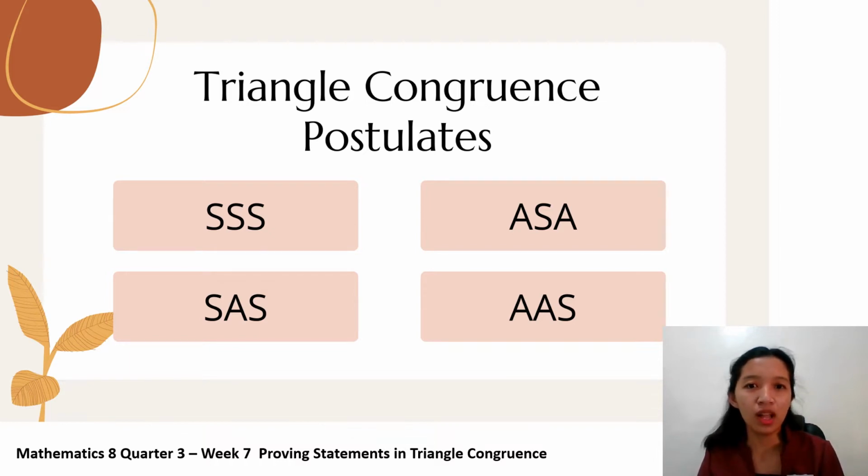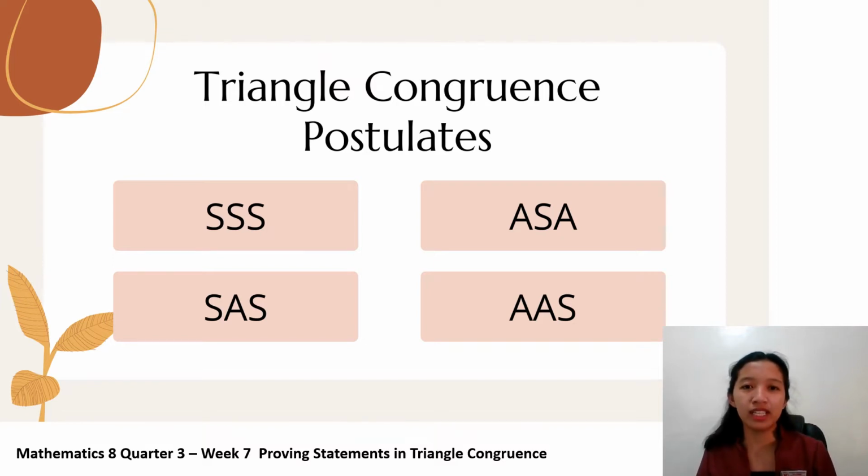These help us prove that two triangles are congruent because they are true at all times. I hope this helped you recall the different postulates, theorems, and definitions because we are going to use them in proving.